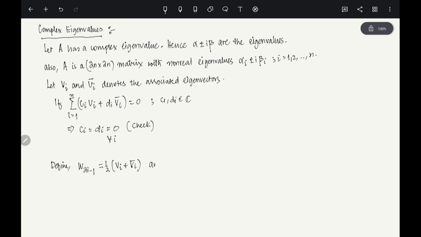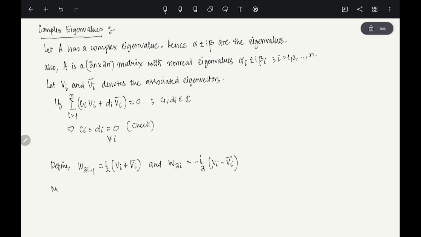Okay, and W_{2i} to be the imaginary part, that is -i/2 (Vi - Vi bar). Clear? Okay, so these are all real vectors.